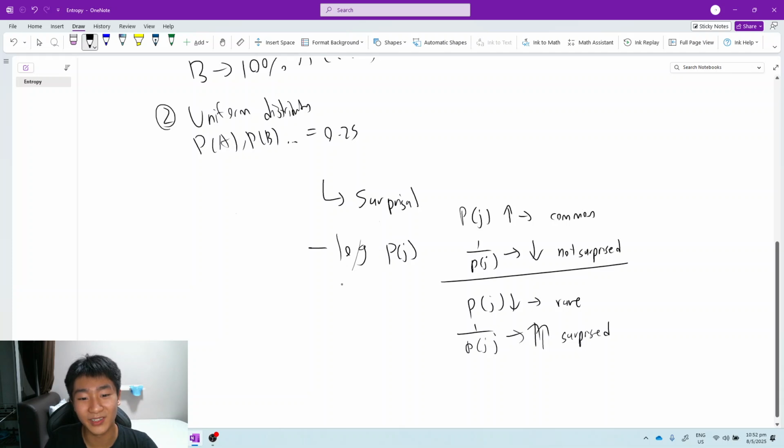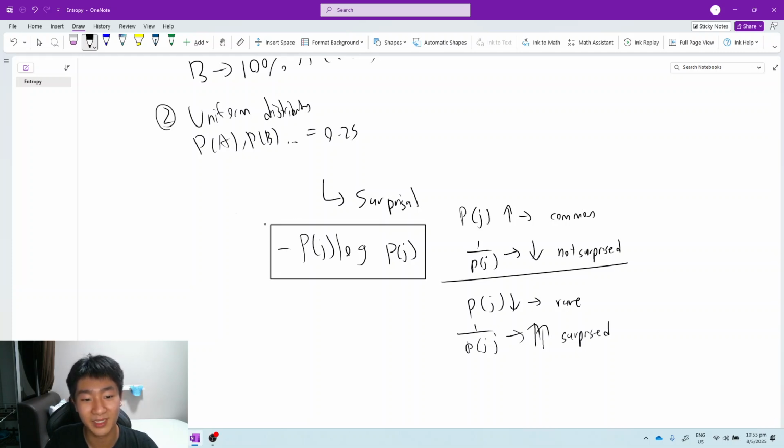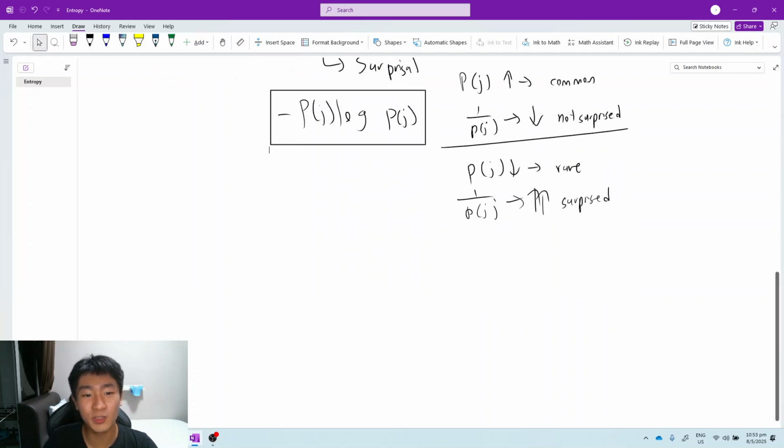From here, this looks very similar to what we had just now. All you need to add is just the Pj in front, and this is the equation for entropy. So how does this relate to the question? This entropy equation gives you the average bits needed for communication.